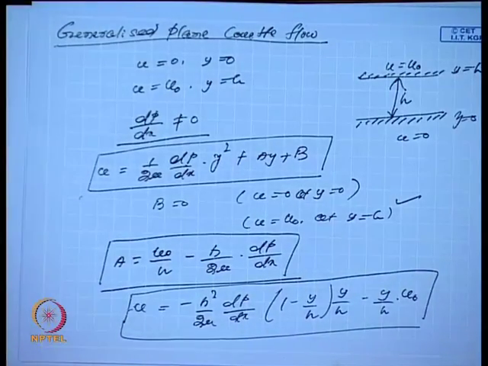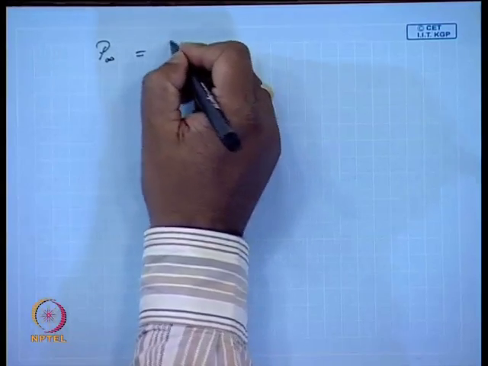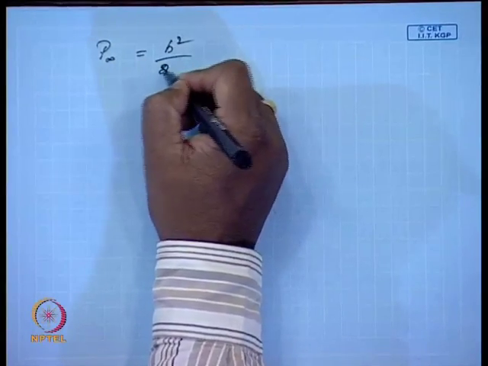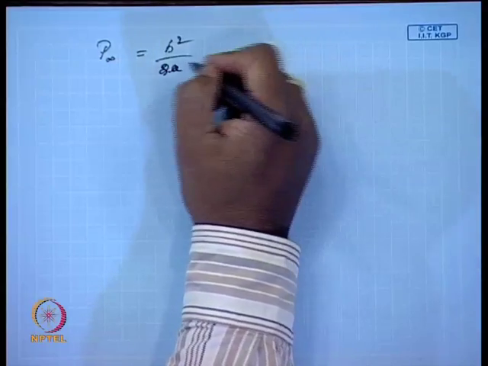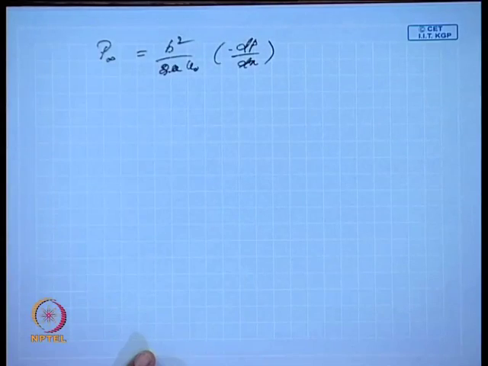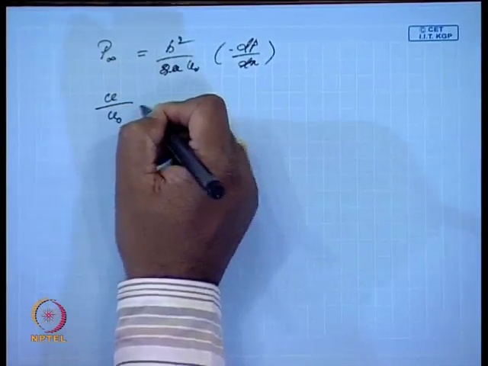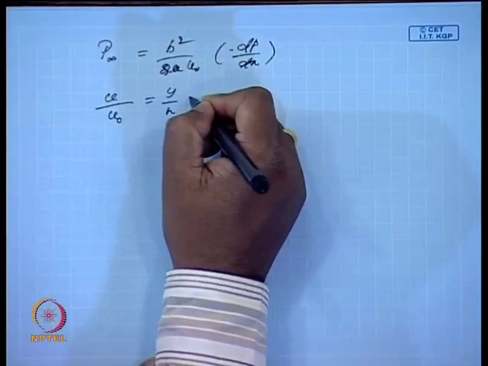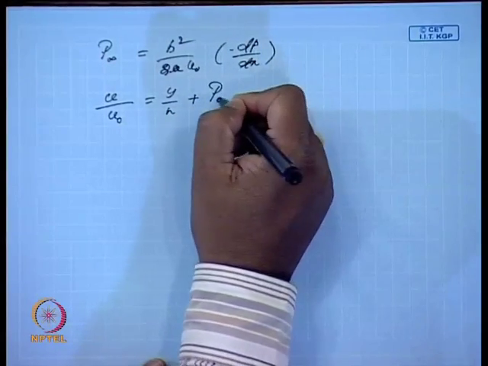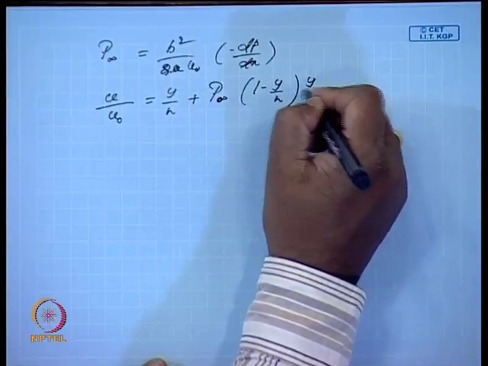Now, if I define the pressure term as P infinity is equal to h square by 2 mu u naught into minus dp by dx, then the velocity distribution in the non-dimensional form gives u by u naught is equal to y by h plus P infinity into 1 minus y by h into y by h.